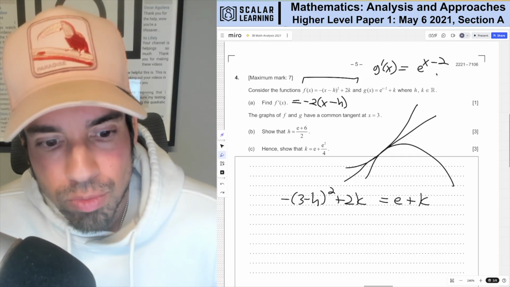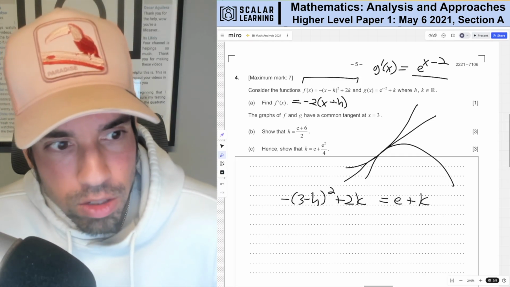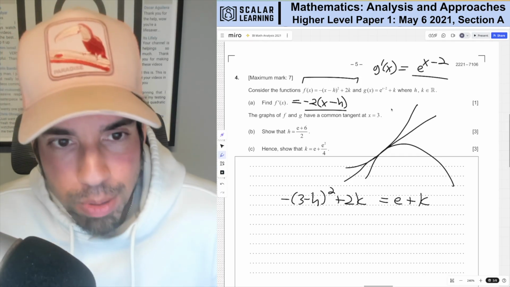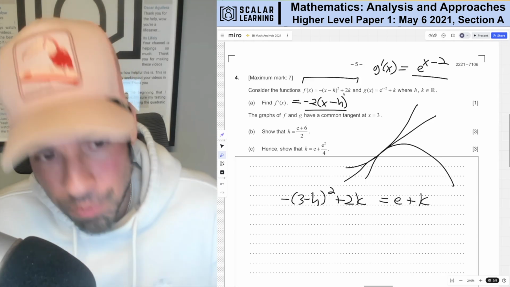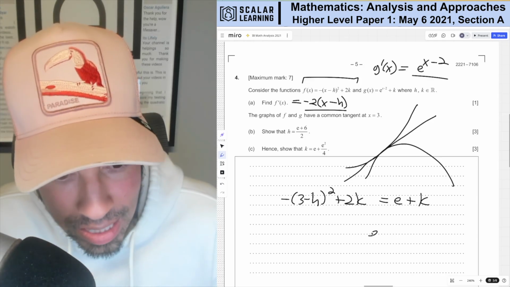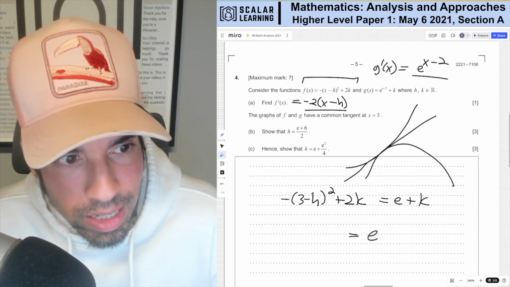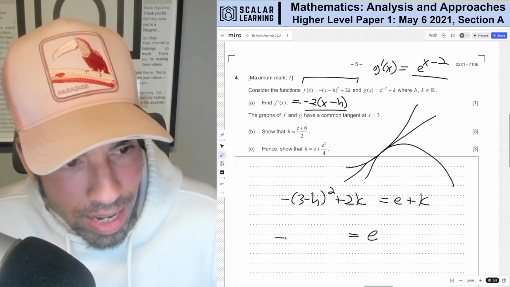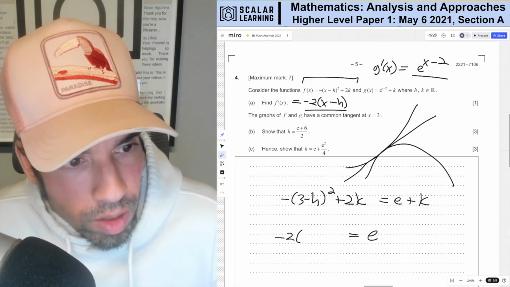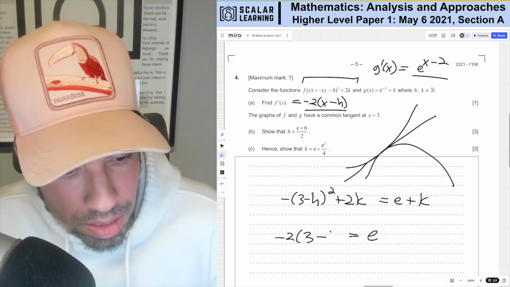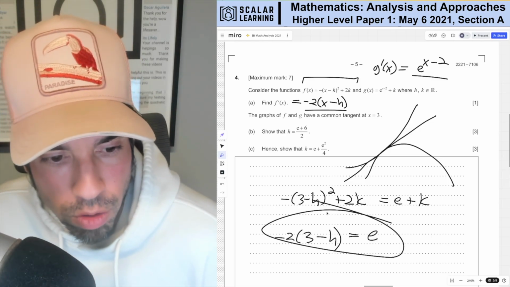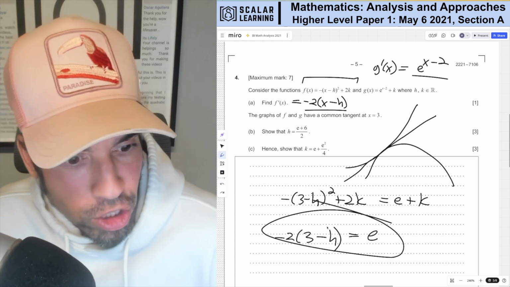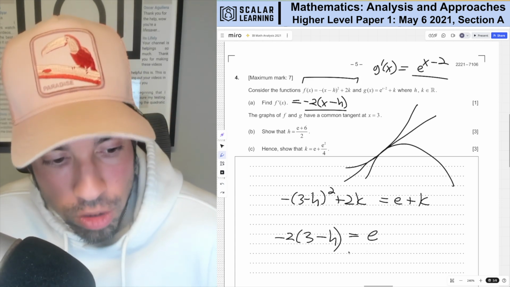So we've got our really nice derivative here and here. Now let's plug 3 into both of these. So we know that e to the 3 minus 2, which is e to the 1, must be equal to negative 2 times 3 minus h. So with this equation alone, forget about the other equation, we can solve for h.